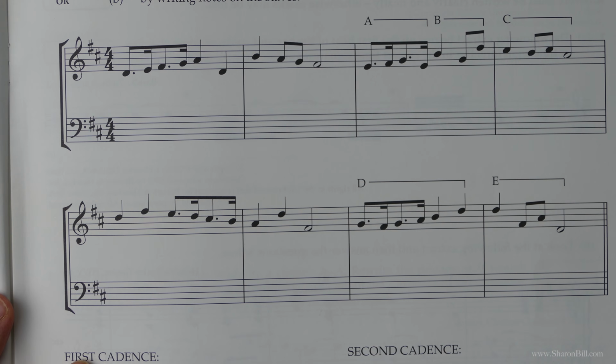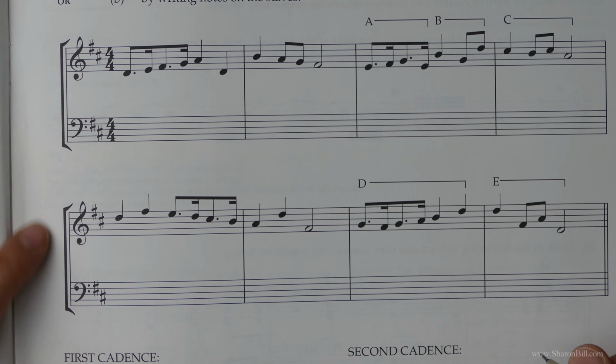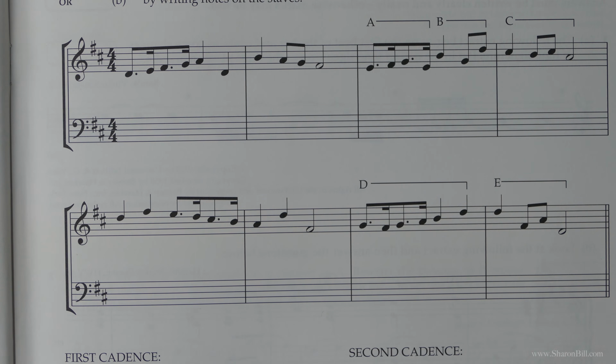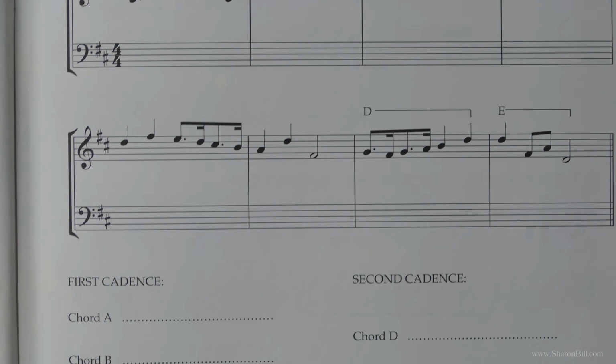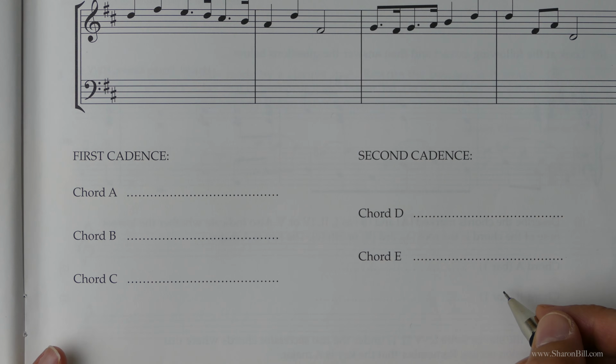And so let's glance through. We've got a key signature of 2 sharps. And there's no accidentals, we're not in a minor key, and so we can safely say that we're in D major.